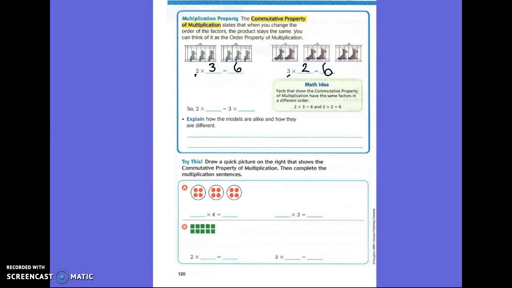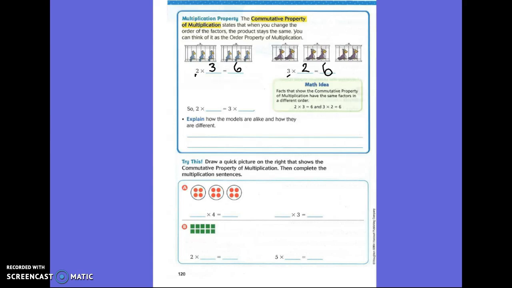There are 6 birds. Now, you can see this is the commutative property. Does it matter how many cages there are? Can we still have 6 birds? Okay, I guess what I'm trying to say is you can see that there is still 6, even though they split the birds up different ways, right?